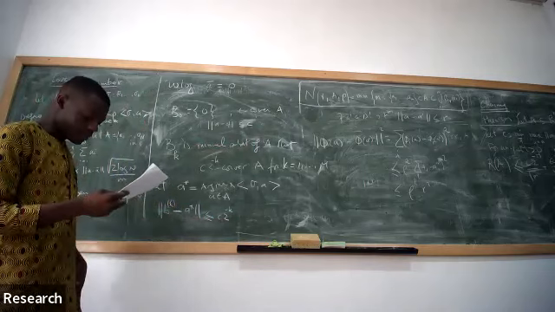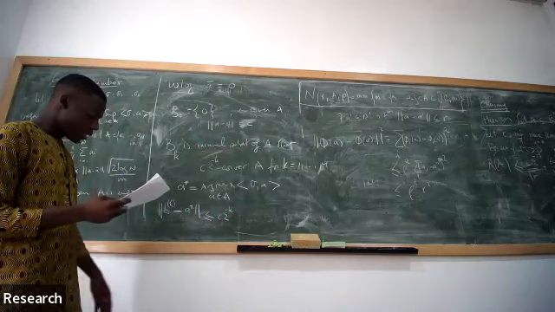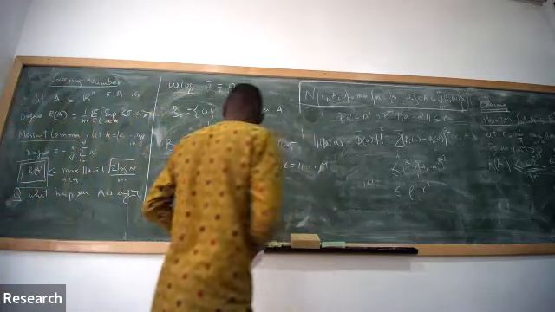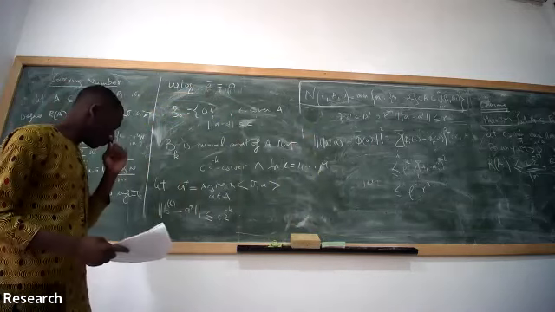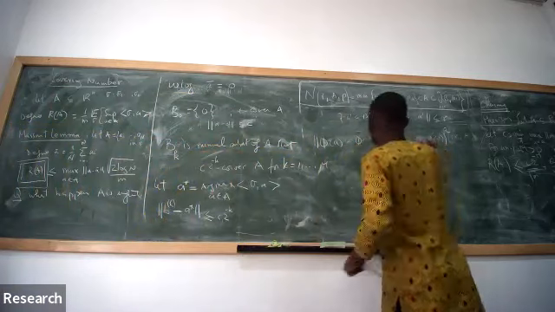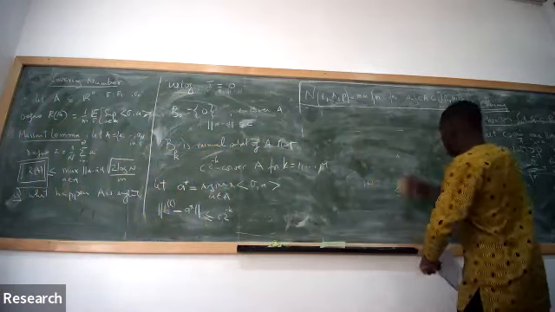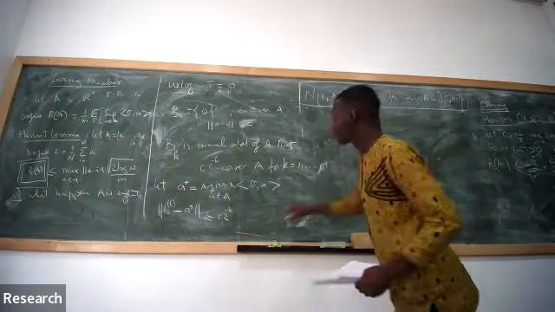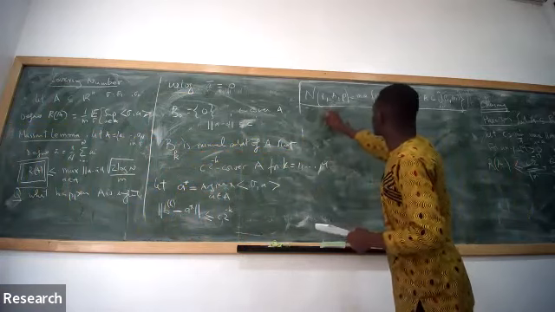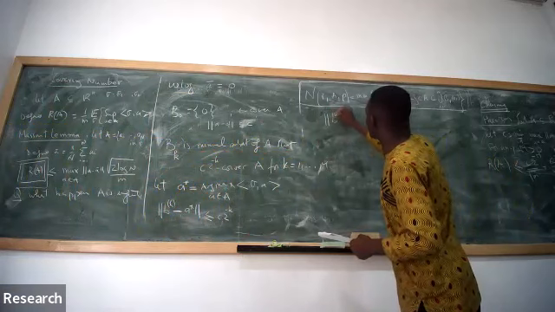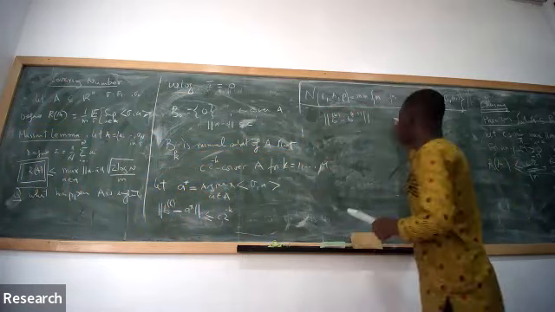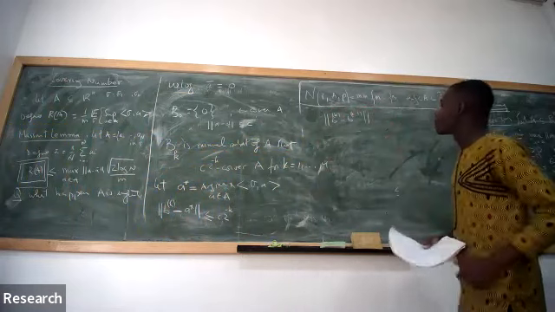And then we can now evaluate the distance between BK and BK minus 1. That's what we want to evaluate.